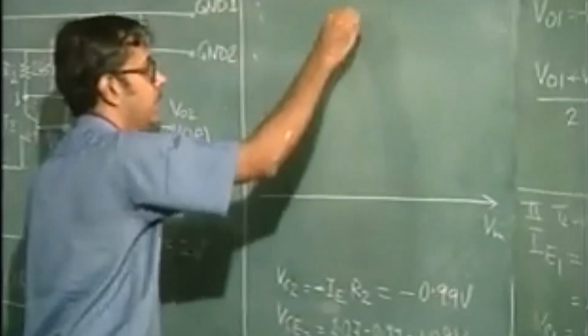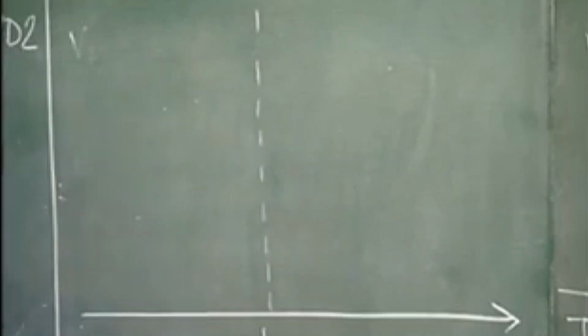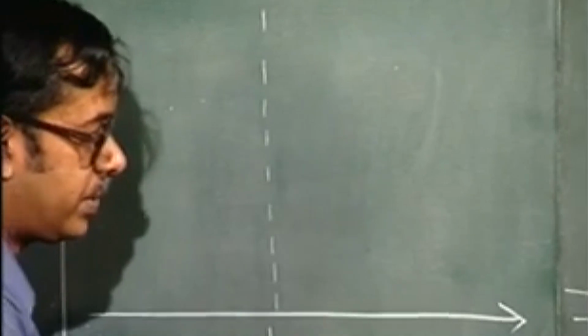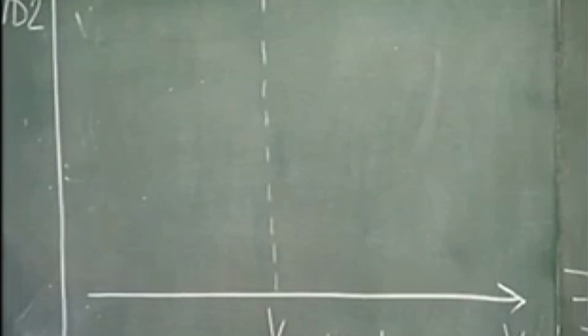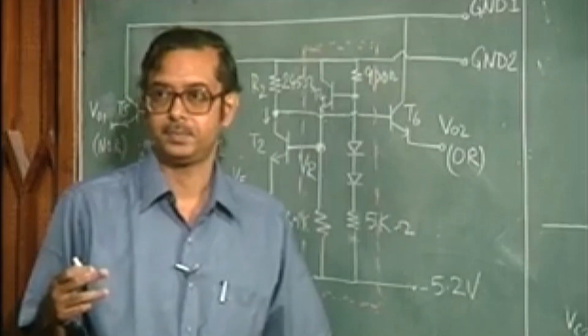I draw this. This is VR, equal to minus 1.32 volts. And then what happens? So, suppose we are plotting the OR output.